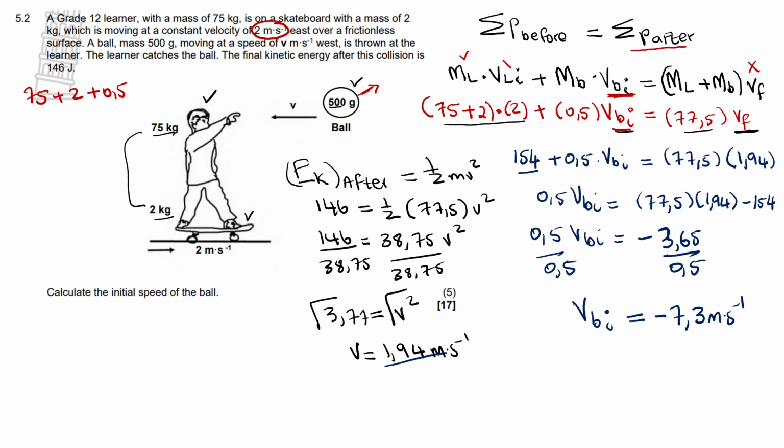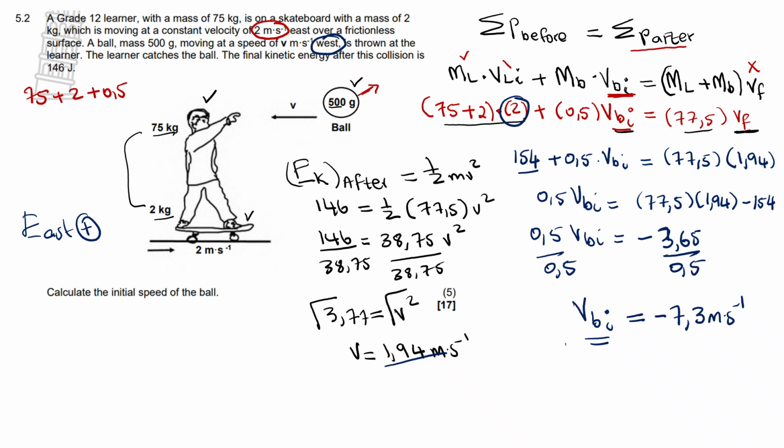Because this tells us that east was taken as positive in our calculations. We forgot to choose direction. But for the fact that we substituted these two as positive, this tells you that we took east as positive. Now remember the velocity of the ball is going to the west.